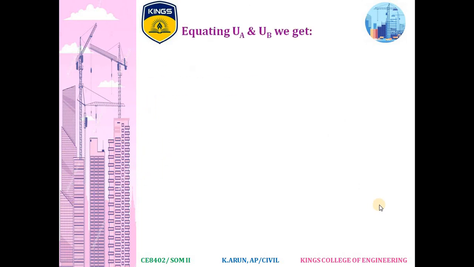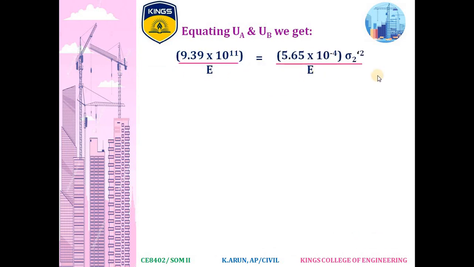Now we are going to equate the strain energy stored in bar A and the strain energy stored in bar B. We have calculated the strain energy stored in bar A as 9.39 into 10 power 11 divided by E, and the strain energy stored in bar B will be 5.65 into 10 power minus 4 by E multiplied by sigma 2 dash square. I am cancelling the Young's modulus since it is on both sides.